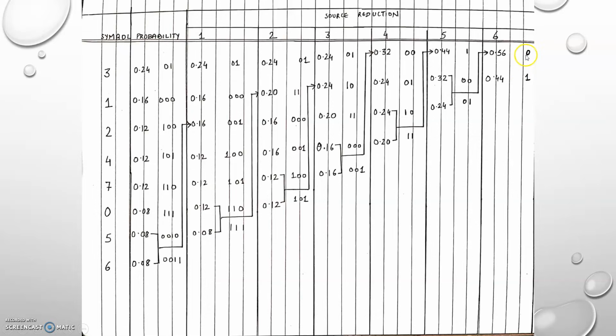So I coded this as 0 and this as 1. Now we backtrack, or let's not call it backtrack, call it back assignment. I added 0 over here and 0 over here, because it came from 0.56 whose code is 0. Now append 0 here and 1 here.